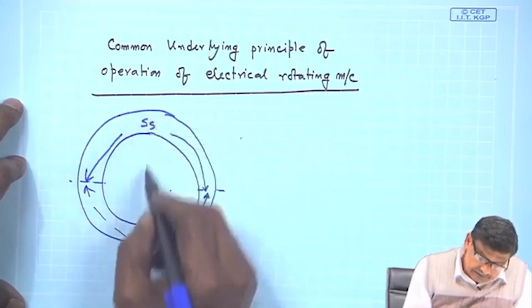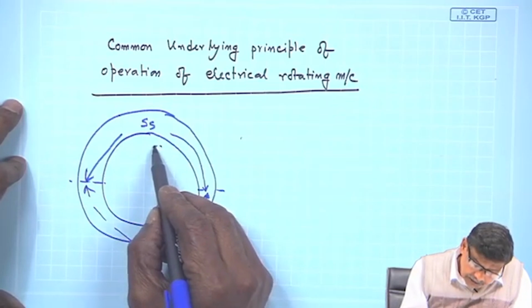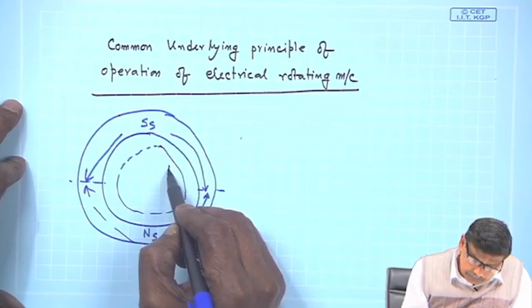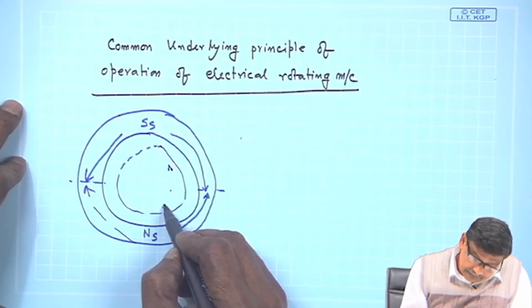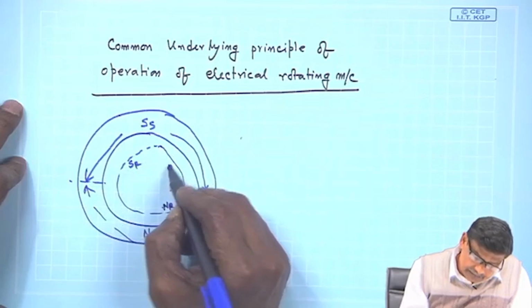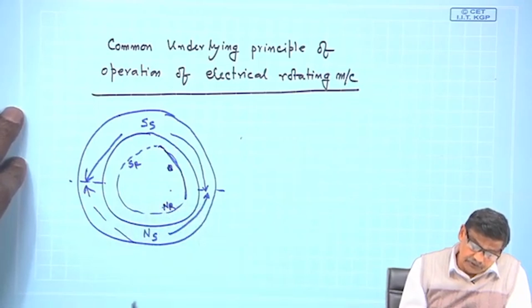So, this is this pole, and suppose the rotor is also having poles. Suppose this is, say, NR, and this is say SR. Windings I am avoiding, I know how to create such poles.